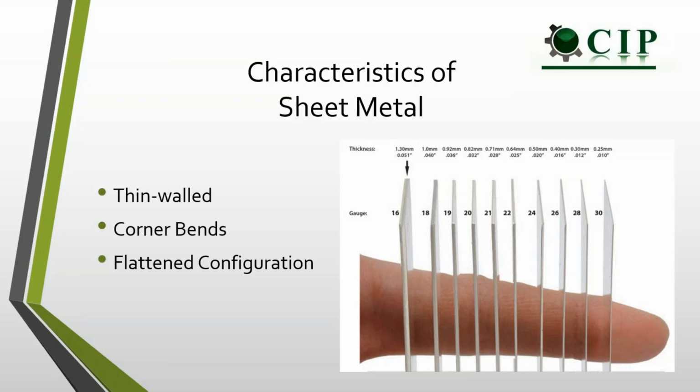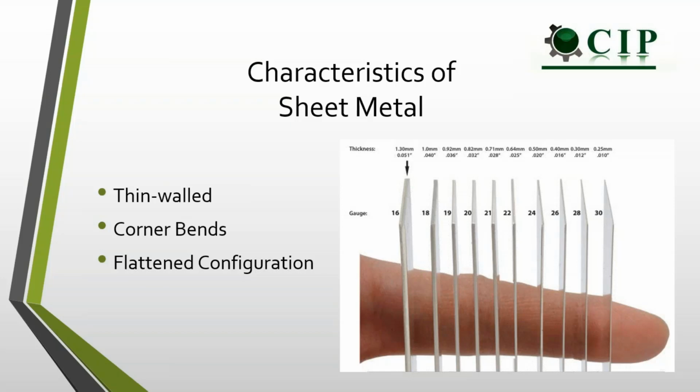So 16 gauge sheet metal, as an example, is going to be thicker than 24 gauge. And the 16 gauge there is about 50 thousandths of an inch, 51 there. So being thin walled is the primary characteristic of sheet metal.